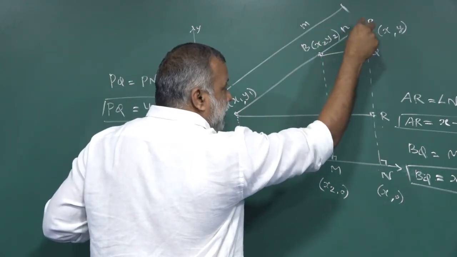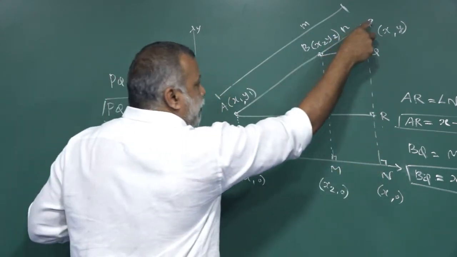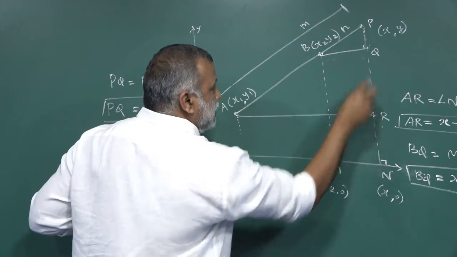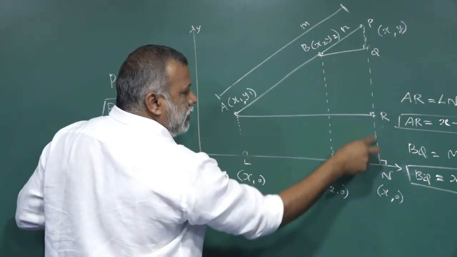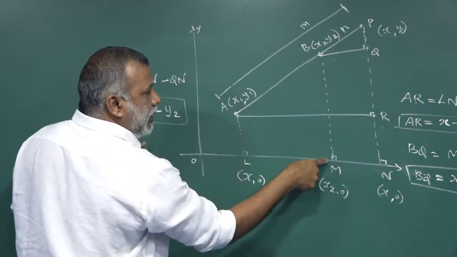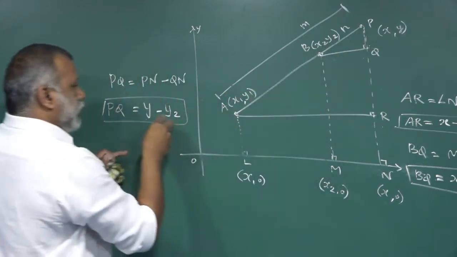PQ is nothing but PN minus QN. Here PN is the maximum distance from this x-axis, the perpendicular distance. It is nothing but y minus QN. How are we able to work out QN? See, this QN is equal to BM. BM is nothing but the distance of the y coordinate, that means y2.